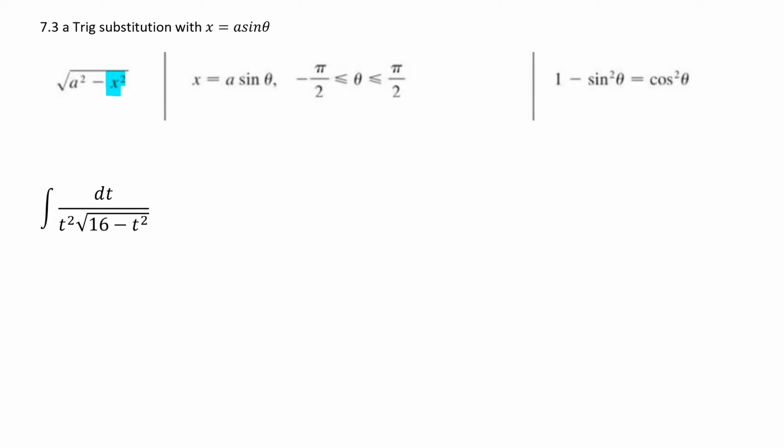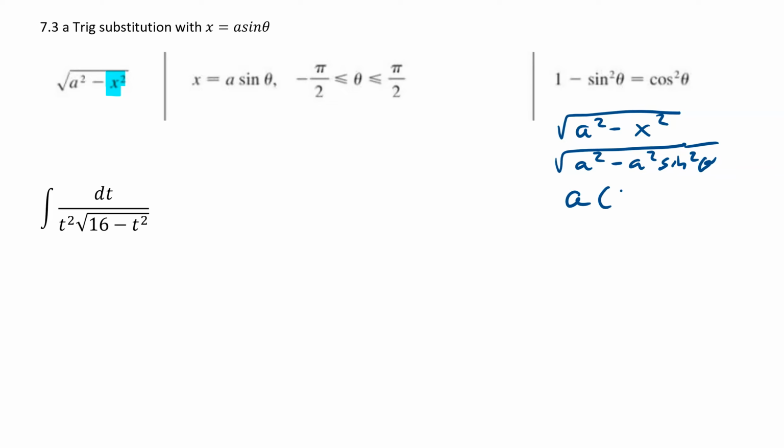And the reason is this. If we use the 1 minus sine squared theta equals cosine squared theta, then we can use that to modify it. So if we have a squared minus x squared, that's our starting expression. And we replace the x squared with an a squared sine squared theta, like this.